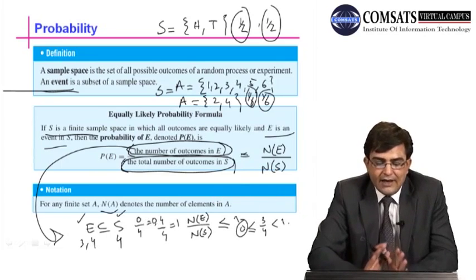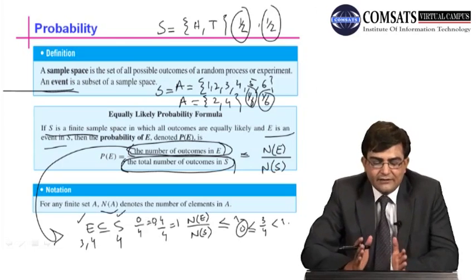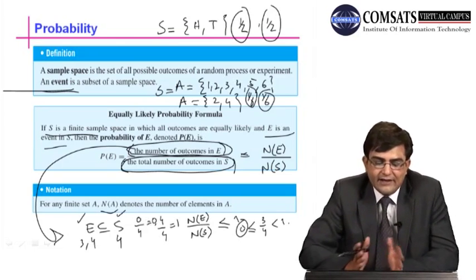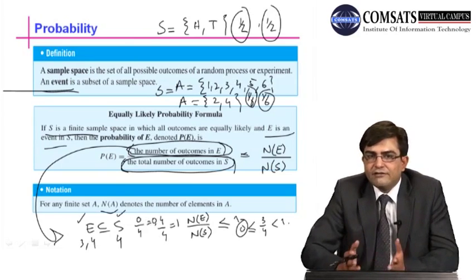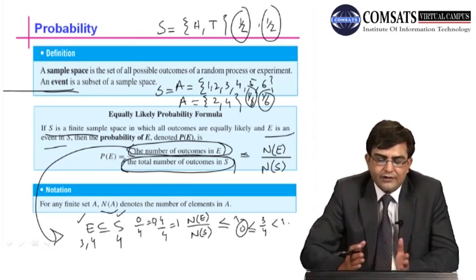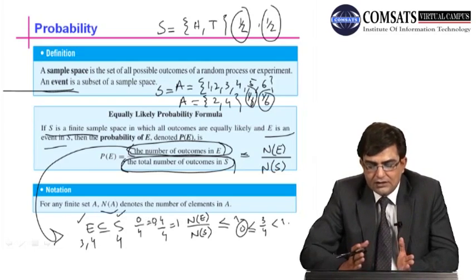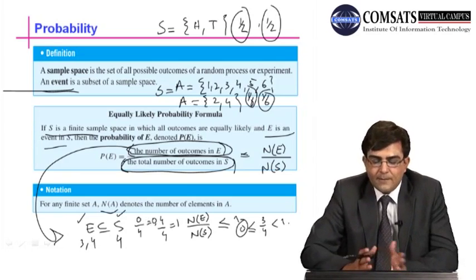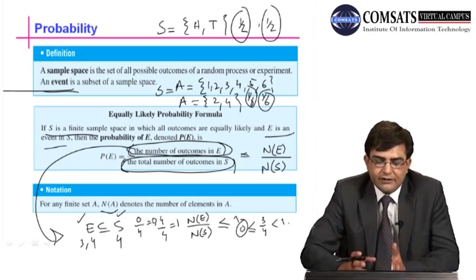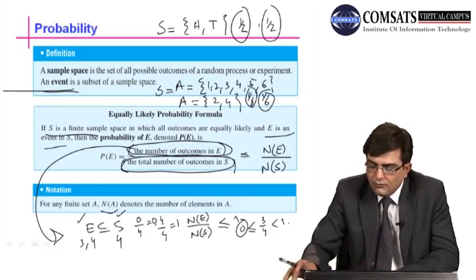E could be empty, but S cannot be empty, and these are finite sets, and in finite sets the number of elements is a non-negative integer. If we divide an integer which is either 0 or positive in the numerator by a positive integer, we cannot get a number less than 0.